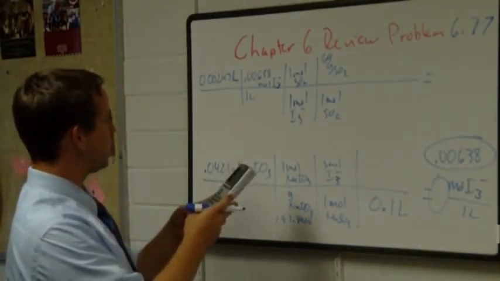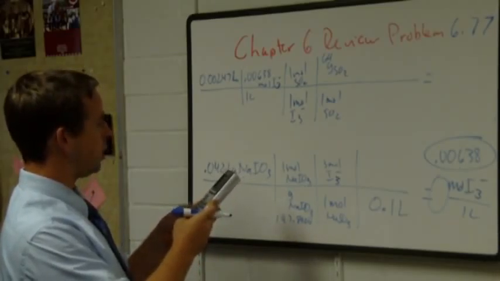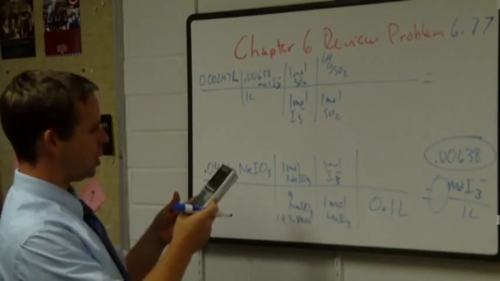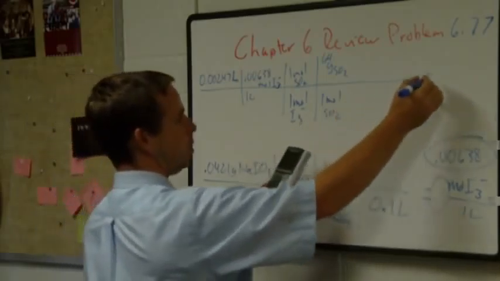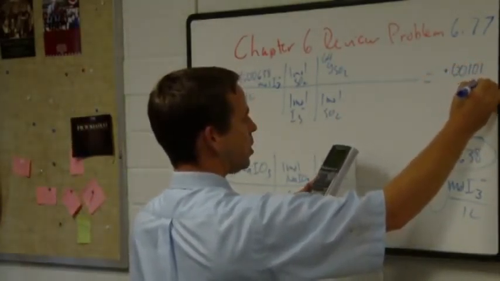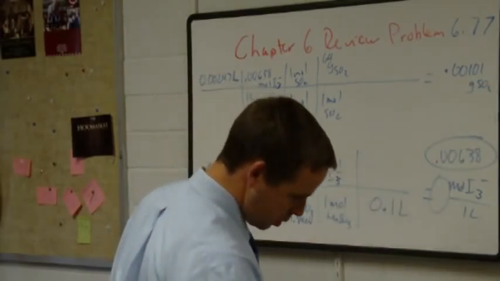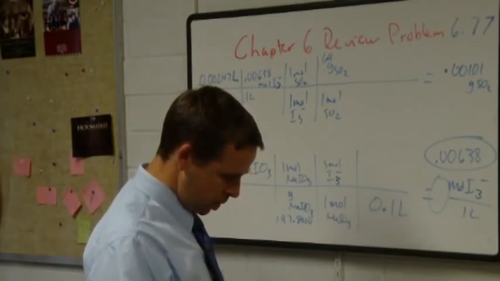So we've got 0.00247 times 0.00638 times 64. So it looks like 0.00101 grams of SO2. And the next question is, if the density of the wine is 0.96 grams per milliliter, what's the percentage of SO2 in the wine?